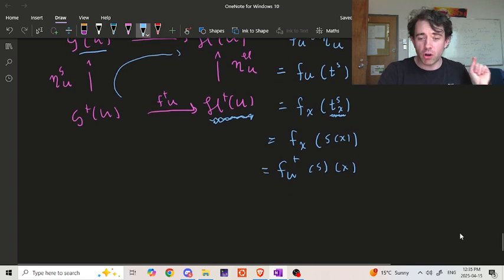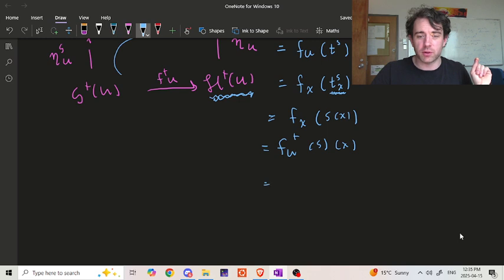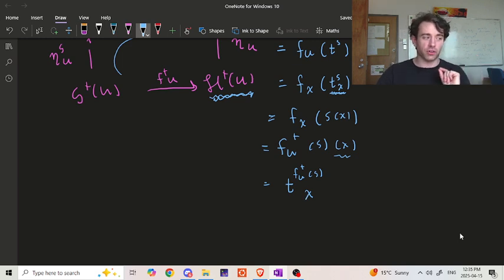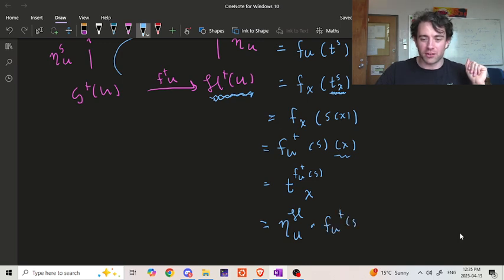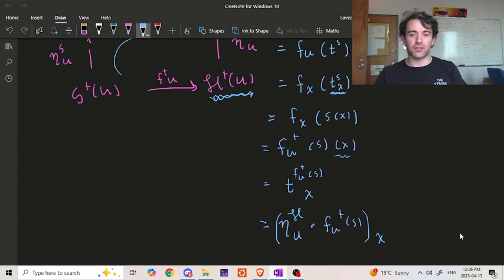And so by the same eta construction that we did previously, we also know that there's some section t of hu determined by the function fu plus s, whose germ at x agrees with the value of this function. So these things are equal. But I pretty much essentially just said in so many words that this is exactly what happens when we take eta h at u and compose it with fu plus s and take its germ at x.